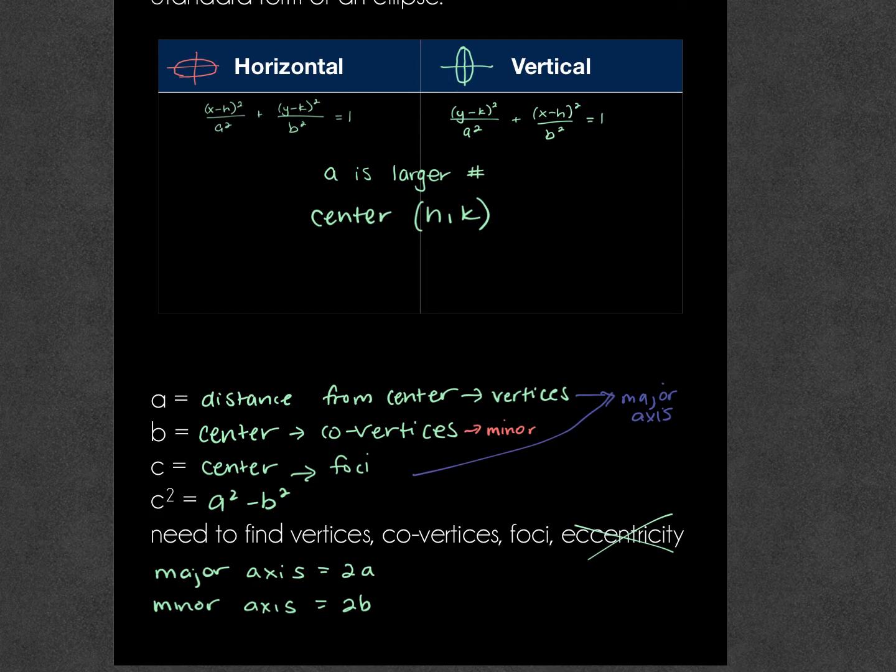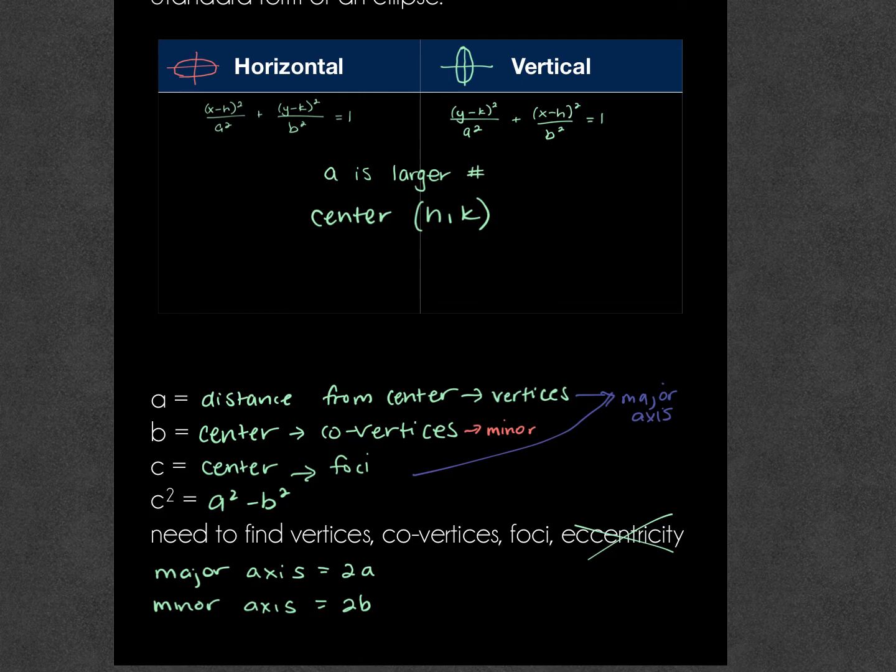Or you're going to get given information about it, and you're going to have to find the equation. So we'll come back and do an example on ellipses and hyperbolas when I get through the hyperbolas. But questions on that?